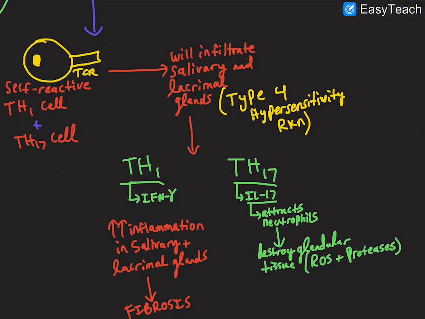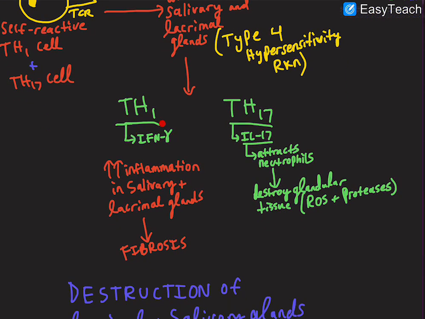So you have self-reactive Th1 cells that will go and recognize your self-antigens in your lacrimal and salivary glands. And when they do that, they get activated and release interferon gamma, as we know, and interleukin 2, right? Well, interferon gamma can attract and activate macrophages to that area.